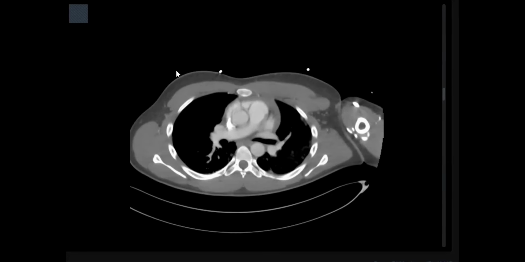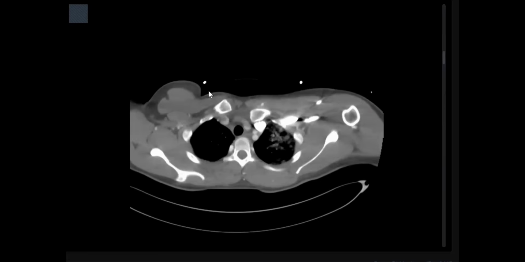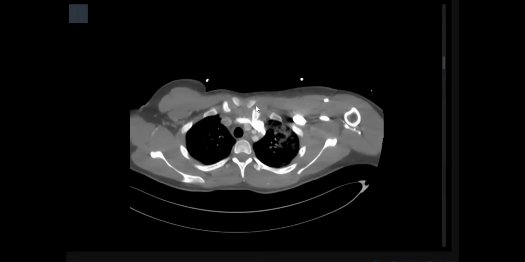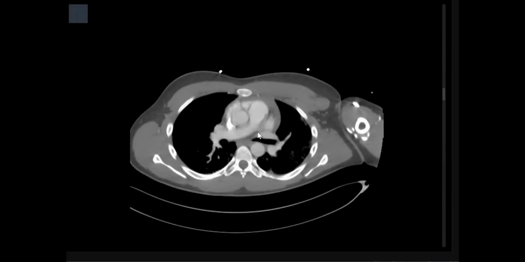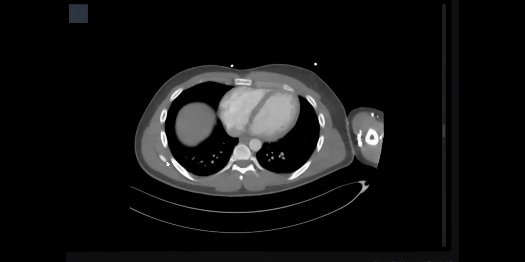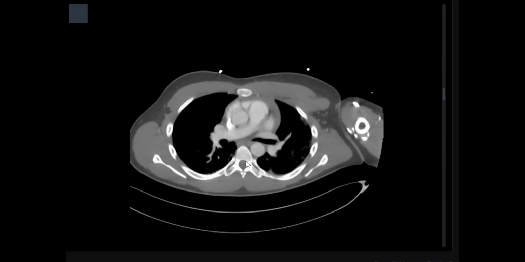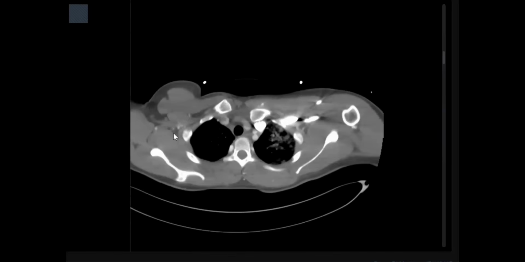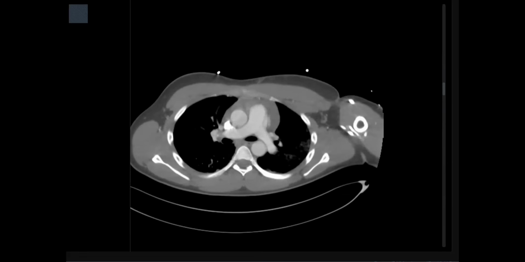So let's revise the major findings in case of chest trauma. In bony fractures, first two ribs, posterior dislocation of the sternoclavicular joint. Again, the lower ribs. Why the lower ribs? Injury of solid organs. Flail chest, and in my routine practice, I will check the sagittal for the dorsal vertebrae as well.